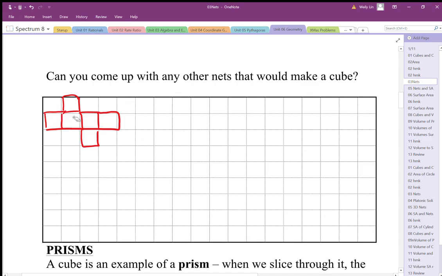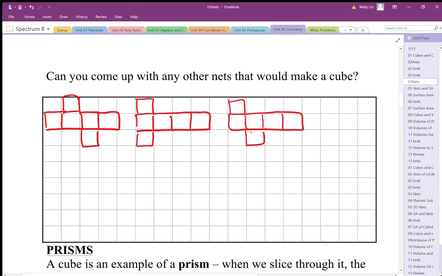There are ones where we can make the 4 along the side surface. Really all we need then is a tab on the top and a tab on the bottom to close up the bottom and top. We can put them here and here, or here and here, which is different than those ones.